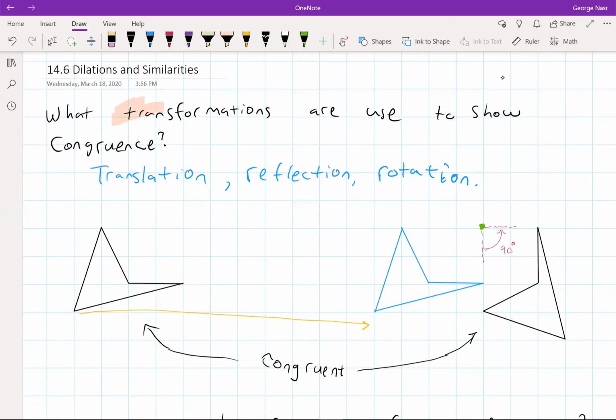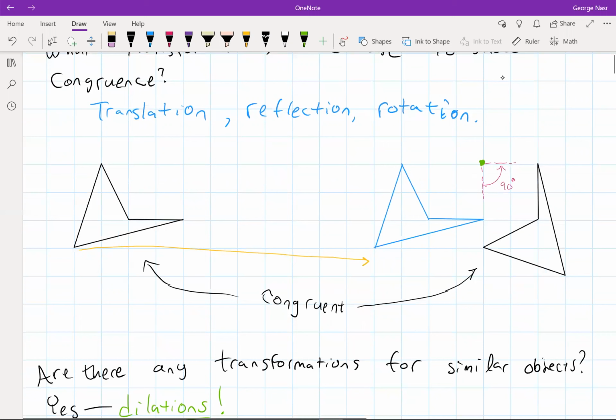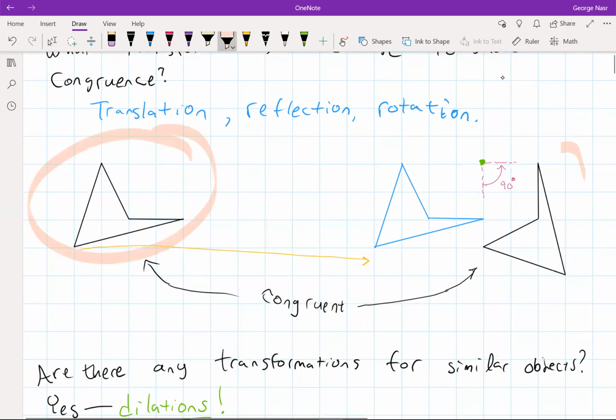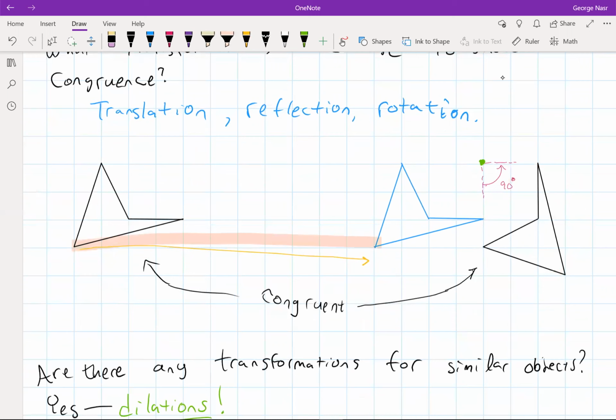We said that we need to use our transformations: translation, reflection, rotation. I gave you this example and asked, are these two shapes congruent? Are they the same shapes? And the answer was yes. I could literally pick one up, bring it over, rotate it around, and that showed me that the two shapes were indeed congruent.